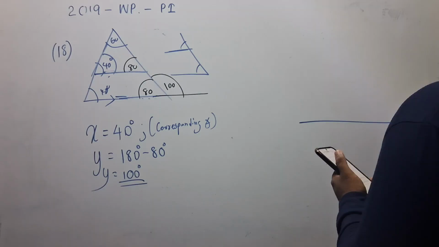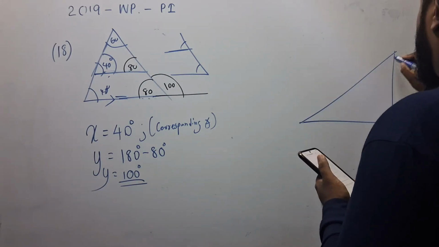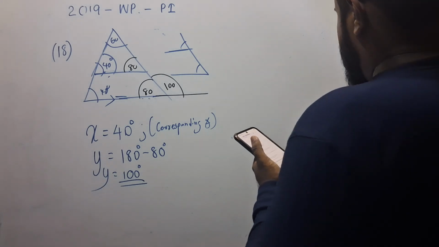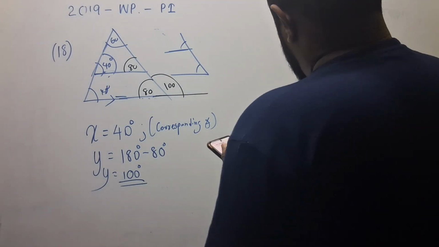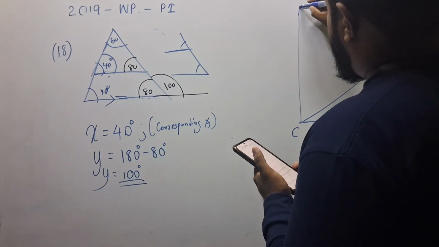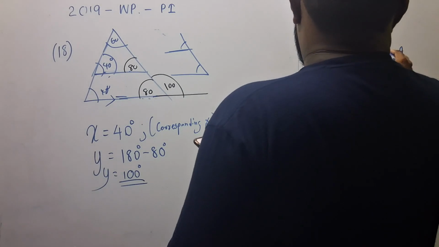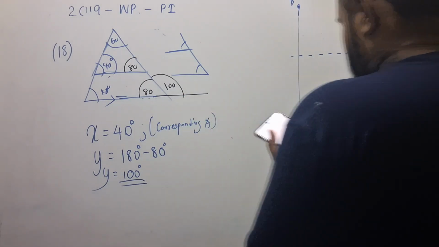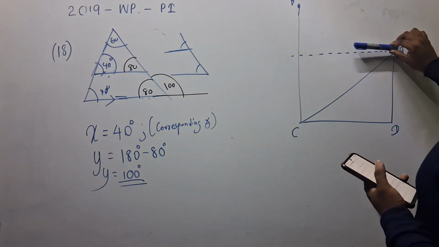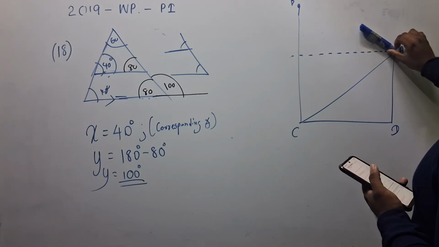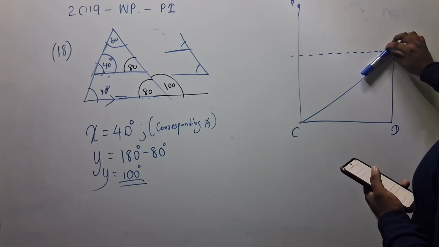So they have given A here, B here, and this as C. Looking at the point B, they have given a dotted line. This dotted line is the eye level of A. So if you have to watch at B, it is an angle of elevation. And if you need to look at C, it is an angle of depression.